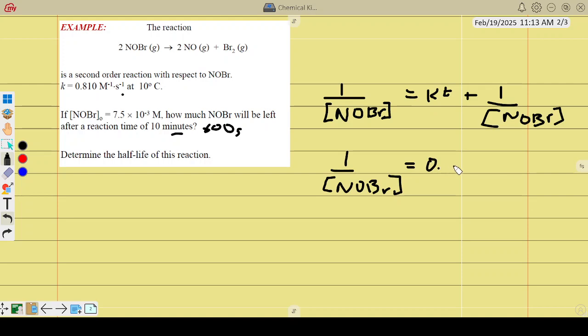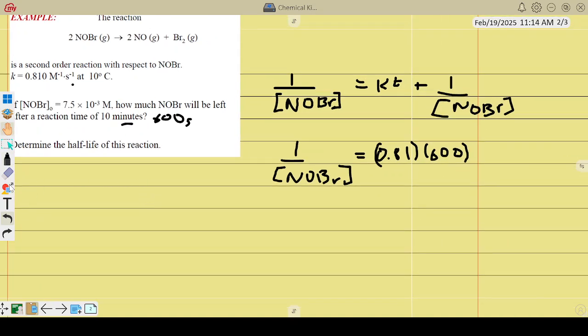The rate constant is 0.81. The 0 there is insignificant. Time, 10 minutes, we have said we use 600 seconds. And then plus 1 over the initial concentration.